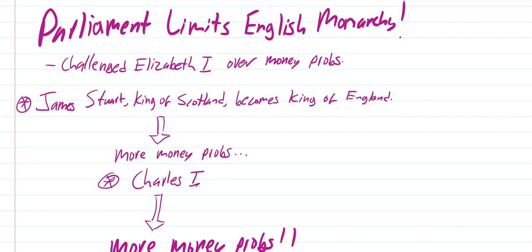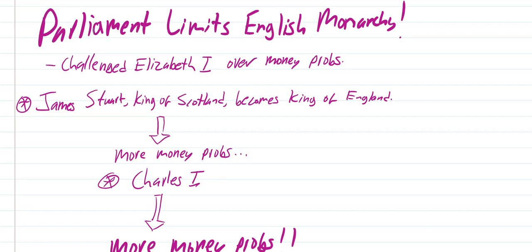So, here we go. It all starts with Elizabeth I, who succeeded her father Henry VIII, or actually I guess her sister Mary. The whole time that she is monarch, there are going to be money problems.